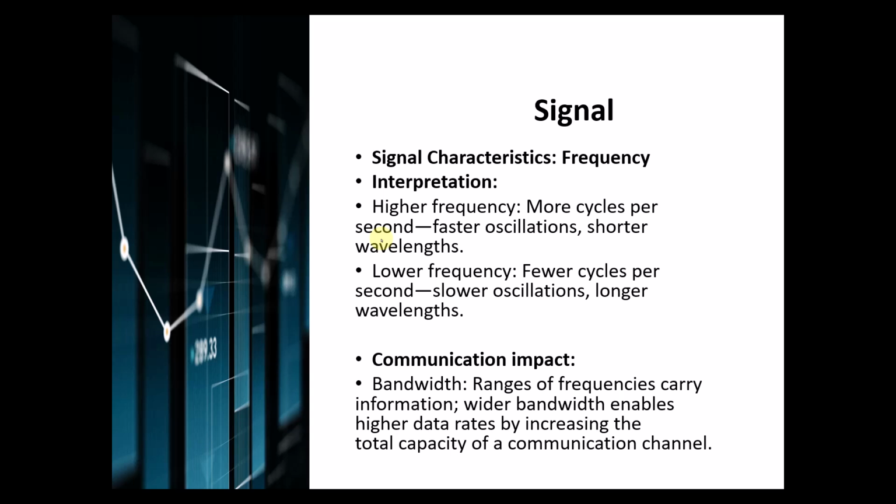If a signal has a higher frequency, it can carry more data. It has a bigger bandwidth. If it has a lower frequency, it has a smaller bandwidth, and it can carry less data. That is the impact of frequency on communication. So all communication that requires higher bandwidth and faster data rates, the frequencies are higher, but those with lower data rates, the frequencies are lower.